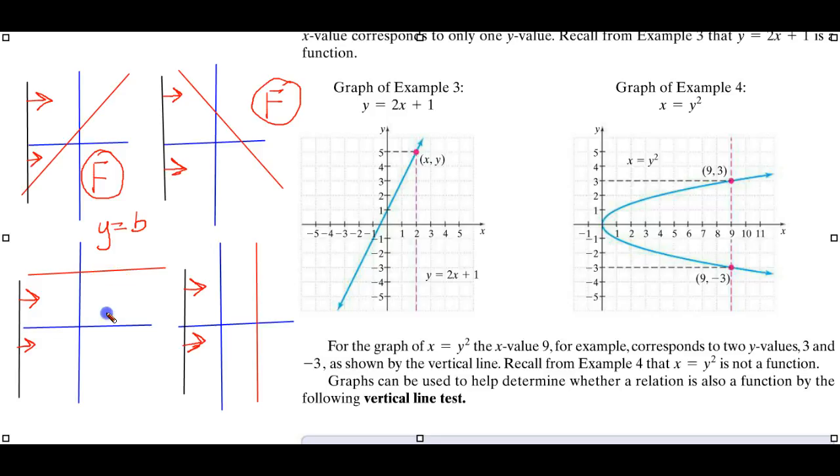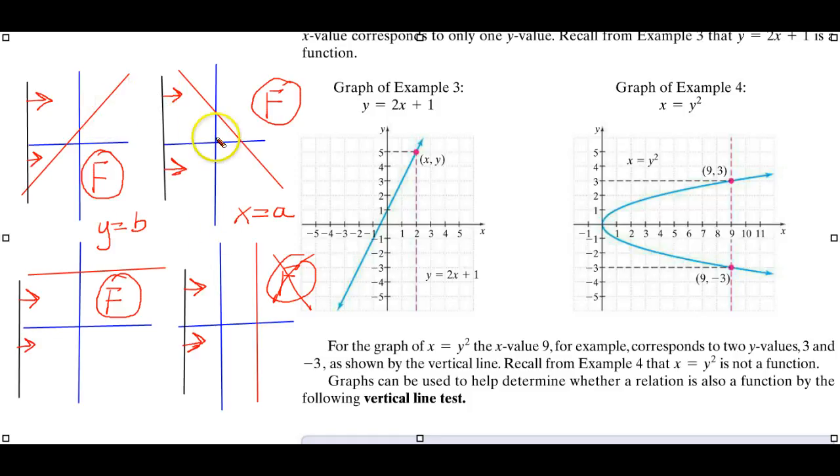And the answer is yes, this is a function. Now the other kind of equation we dealt with in the previous lesson was the equation x equals a, which was a vertical line. Now as this vertical line intersects this vertical line, it intersects in an infinite number of places. So this does not pass the function test. So this is not a function.